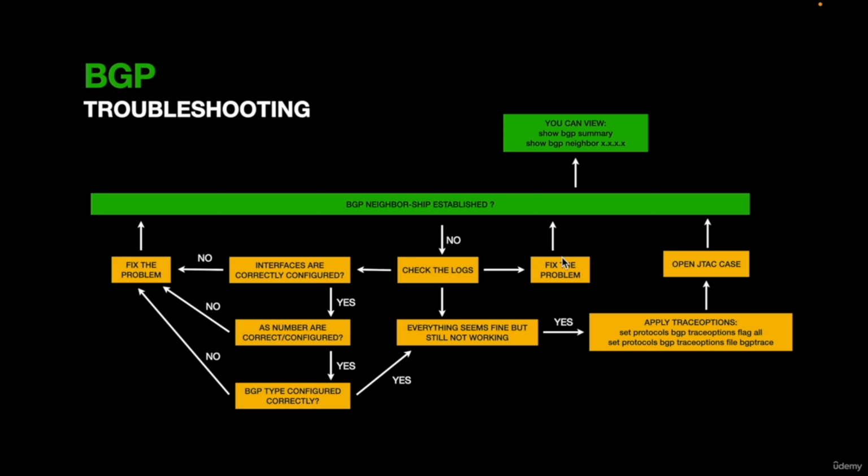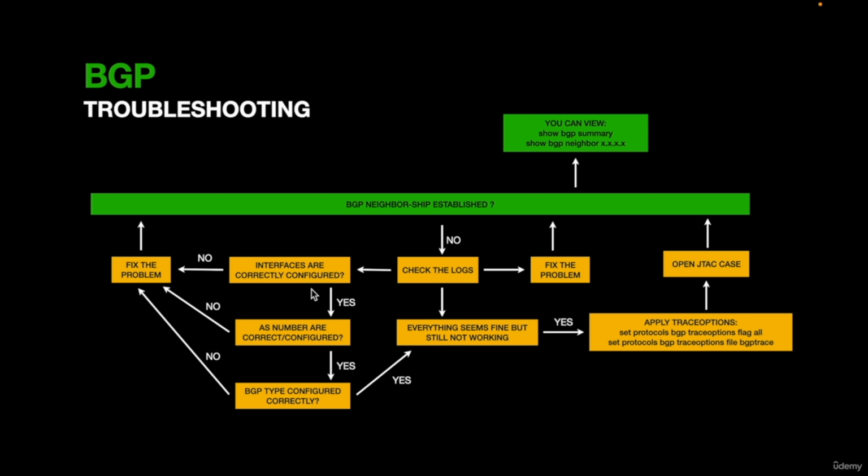And what can go wrong is that interfaces are not correctly configured or they are down. The autonomous system is not correctly configured, and you can have cases where the BGP type is not correctly configured.